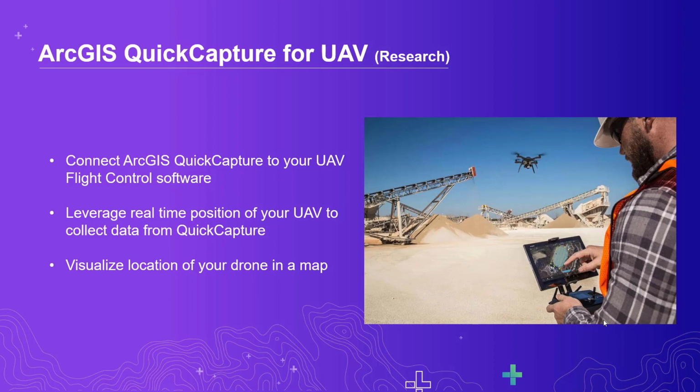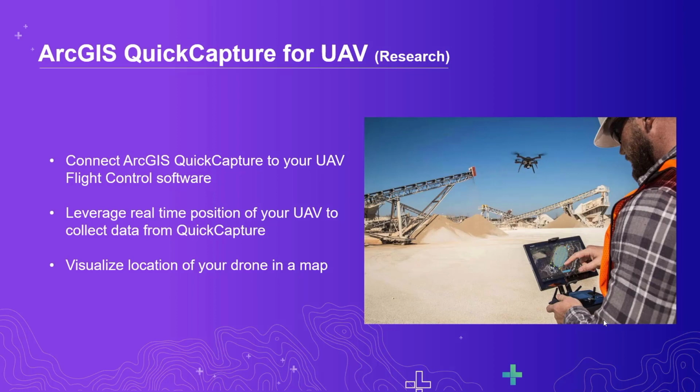And the concept is simple. We are going to work with the SiteScan team at Esri to make sure that when SiteScan is on, the location from your drone can be passed in real time to QuickCapture. So the locations from QuickCapture will not be coming from your phone. They will be coming from the drone you are flying.